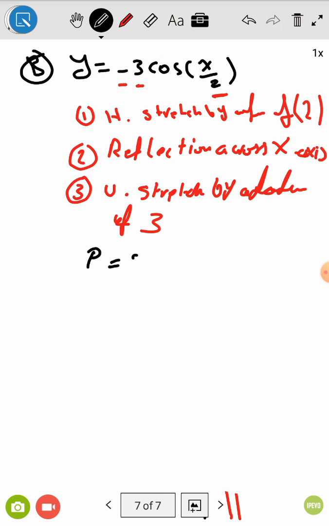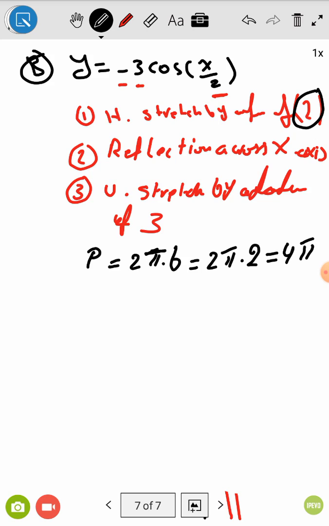It was the rule 2 pi times b. Sorry about my bad pi. And the b, the factor, don't forget. So you multiply by 2. So it's 2 pi times 2, which is 4 pi. Don't forget that the b in the rule is the horizontal stretch or compress. This is the b.